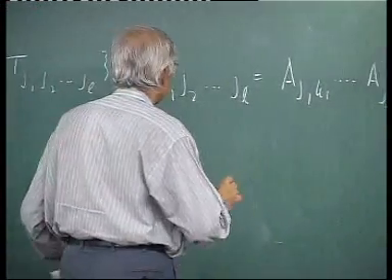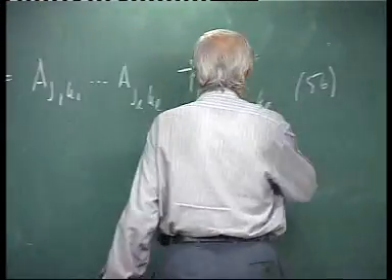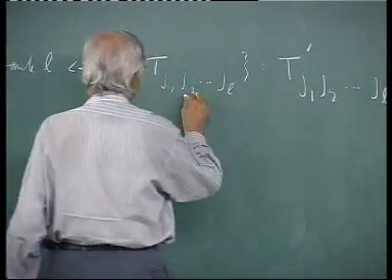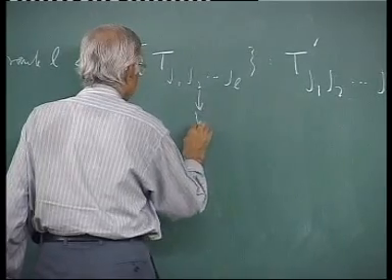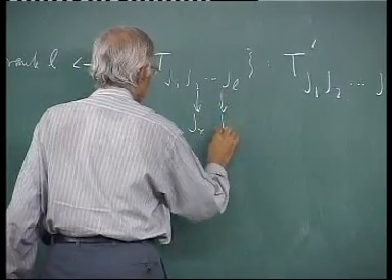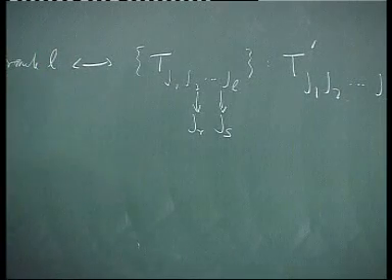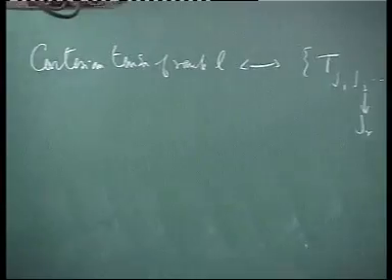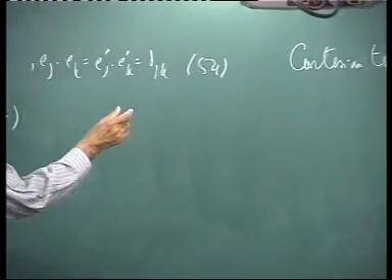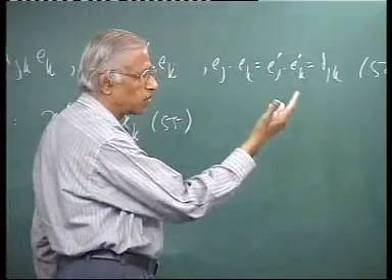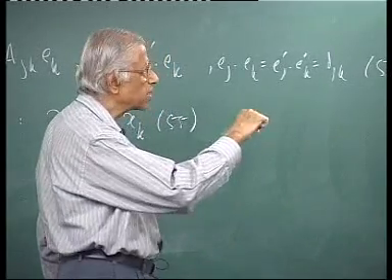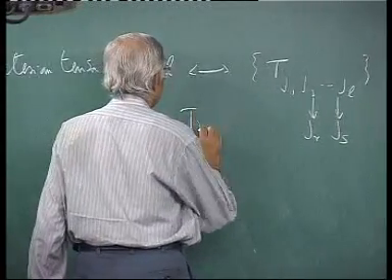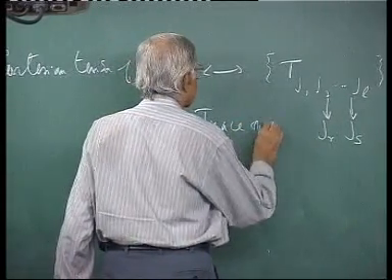The first operation is the following. You can take any 2 positions, position number R and position number S, with R less than S. You can set those 2 subscripts equal to one another and sum over them, giving them the values 1, 2, and 3. This is called the trace operation or contraction.